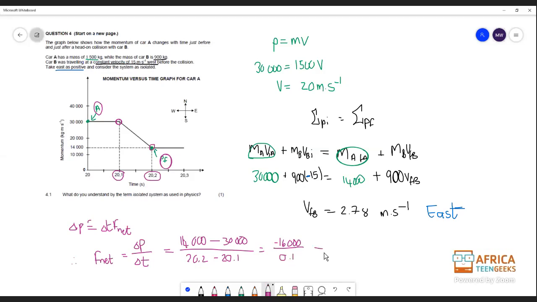And if you put that in your calculator, you get a value of negative 160,000 newtons. And then you just have to remember that you have to give it a direction. So you will just say 160,000 newtons to the west. Or west, probably more correct in terms of English.